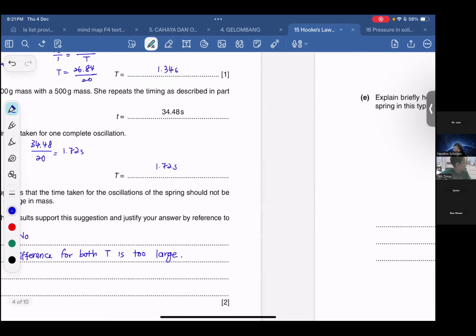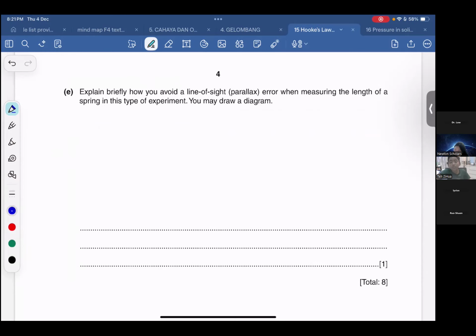Okay, next, explain how you avoid parallax error. How do you avoid parallax error? Do you know what is parallax error? Parallax error is the error due to the wrong position of eyes. Okay, if let's say this is the spring, we want to measure, we want to have a look at this.